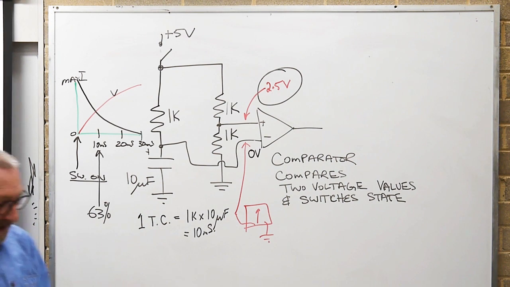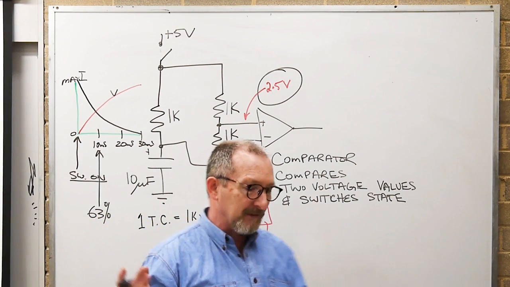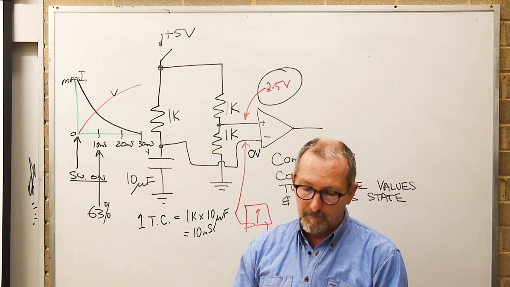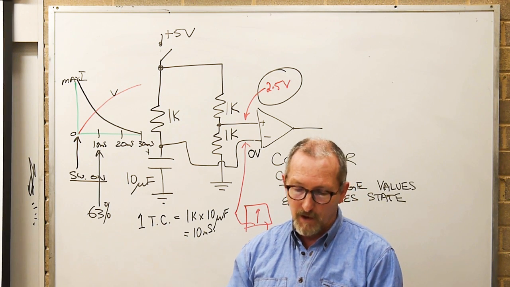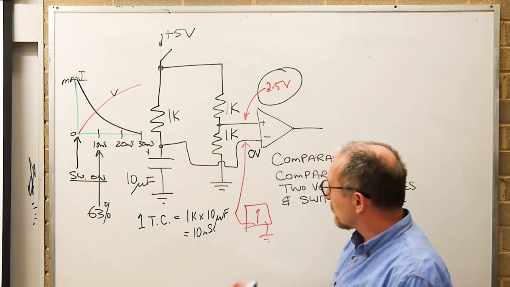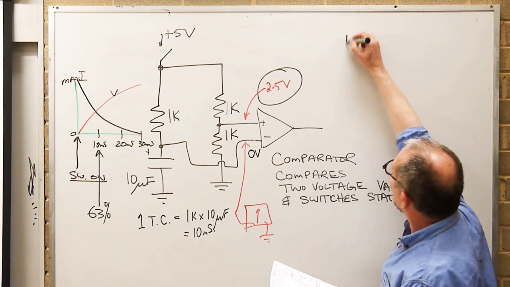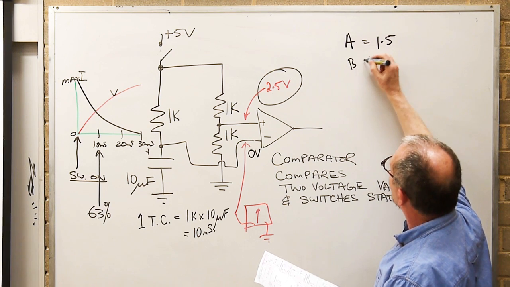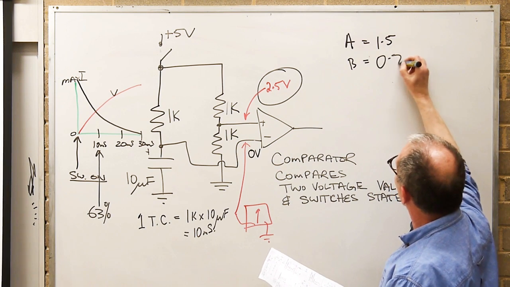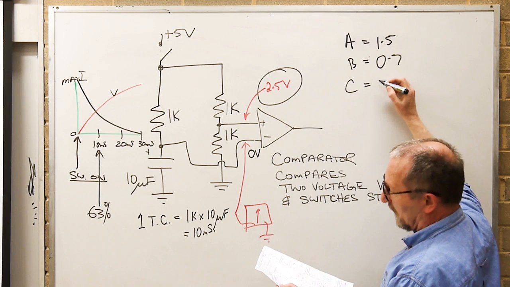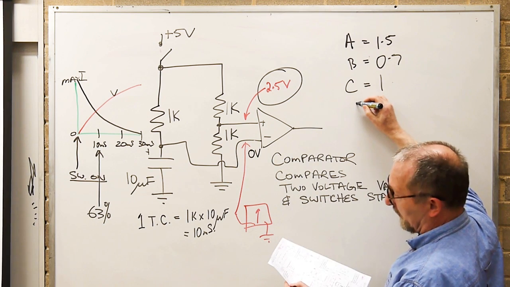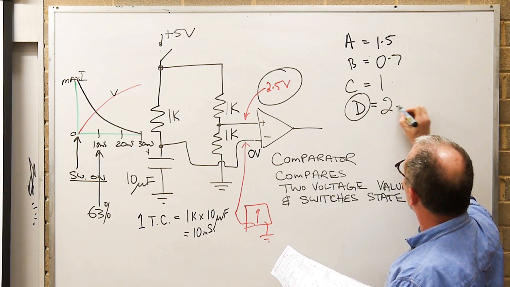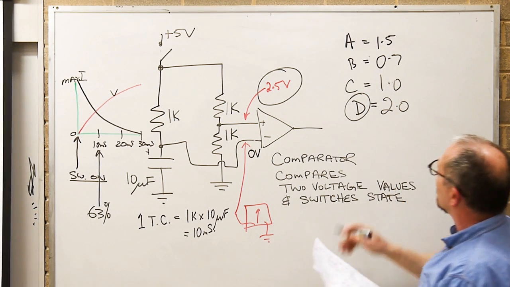The question again is saying, how many time constants will a comparator change its output state when the switch is closed? And the answers are, A is 1.5 time constants, B equals 0.7 time constant, C equals 1 time constant, and D, and I think a lot of people went for D, it must have looked good, 2.0 time constants.